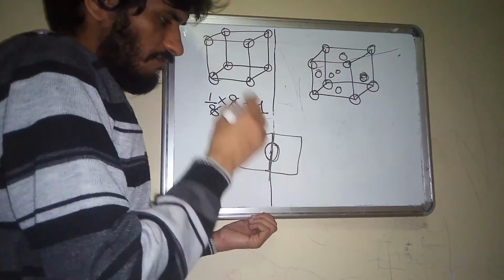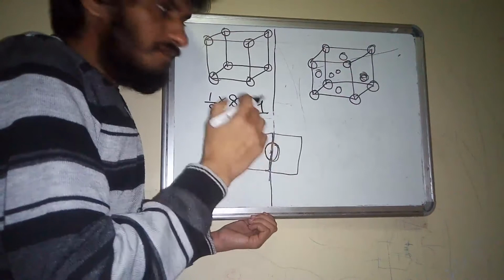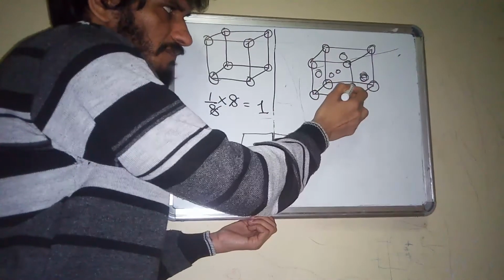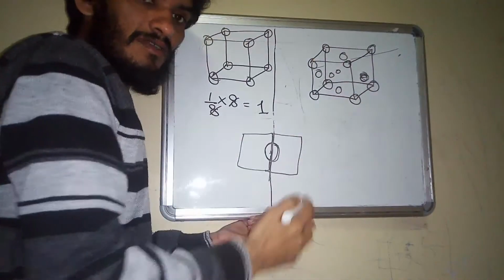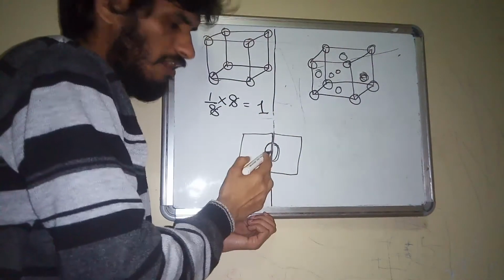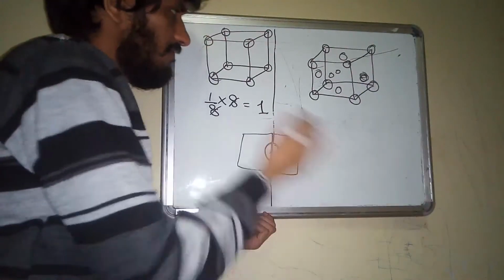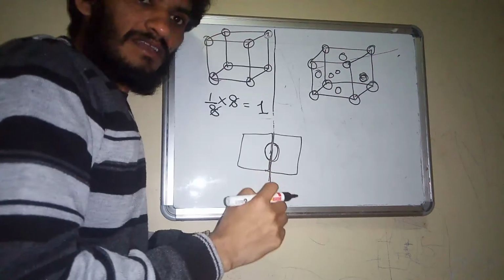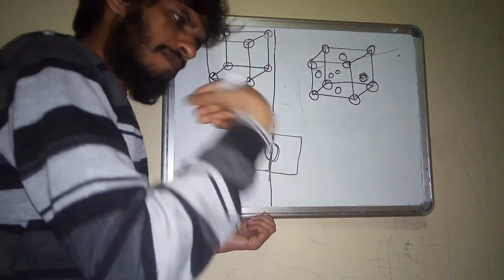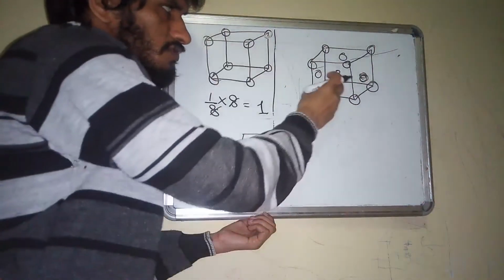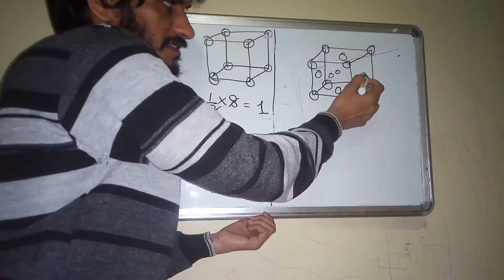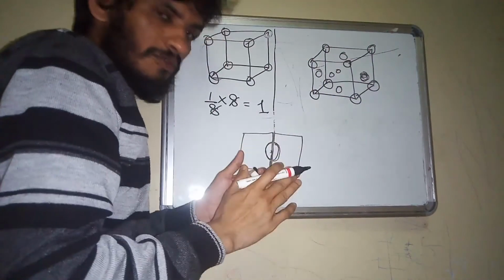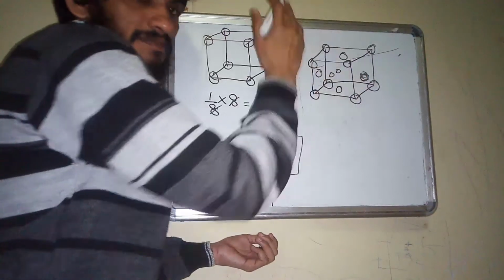Whenever we consider the atom which is located on the face, how much part belongs to the face centered unit cell? Only half part, and the other half part goes to the adjacent unit cell. Whereas the corner atoms share their 1/8 part, and body centered atoms belong completely to the body centered unit cell. Whereas this face lattice point only contributes half of its part to this unit cell.